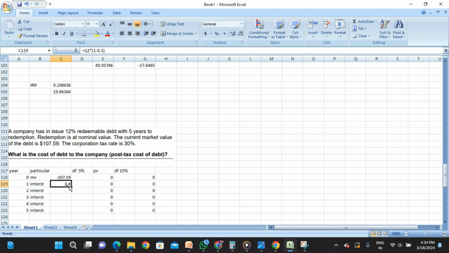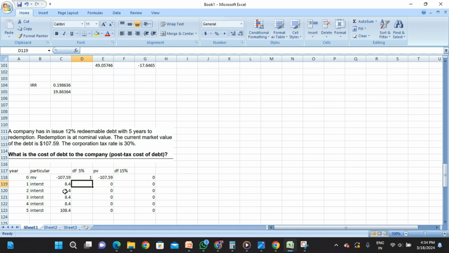In each year we get 8.4 as interest, and in the last year 100 plus 8.4. Now for the discount factor, as usual, 1 divided by 1 plus discount factor, we get 1.05.